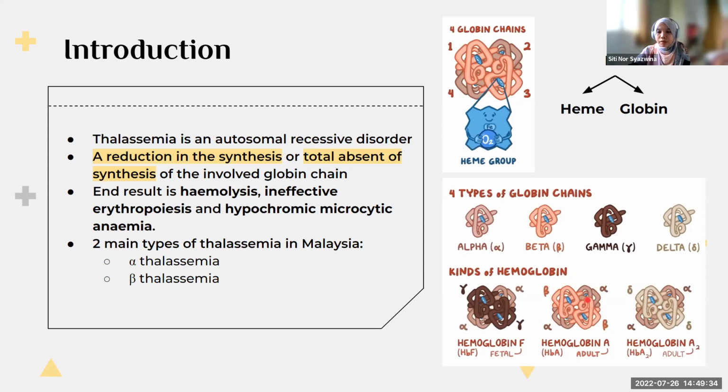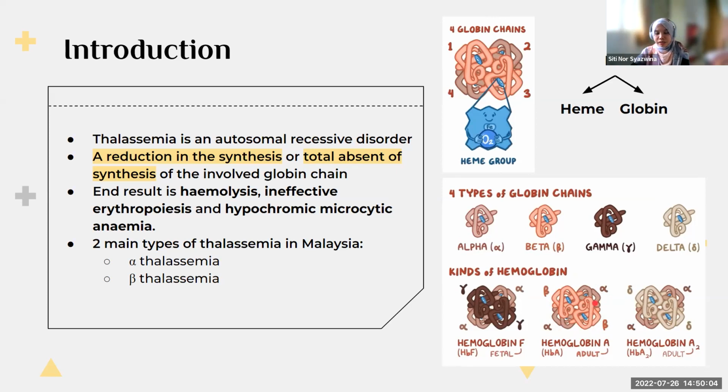This excess alpha is insoluble and not stable in nature. So this excess alpha will precipitate in the RBC, and when this abnormal hemoglobin travels to the spleen, it will hemolyze, where it will be engulfed by the splenic macrophage.